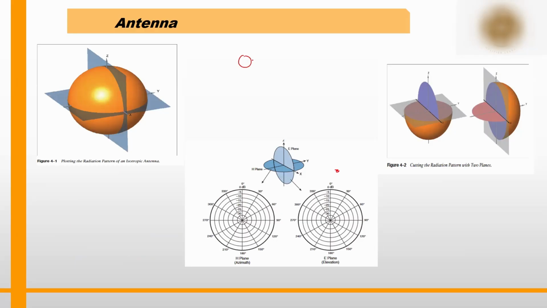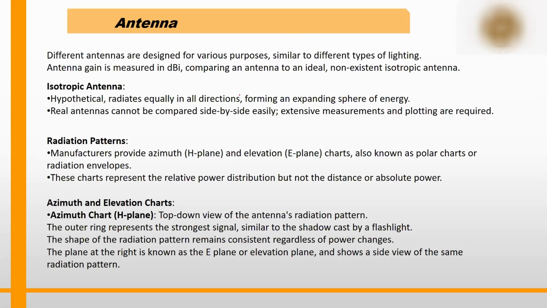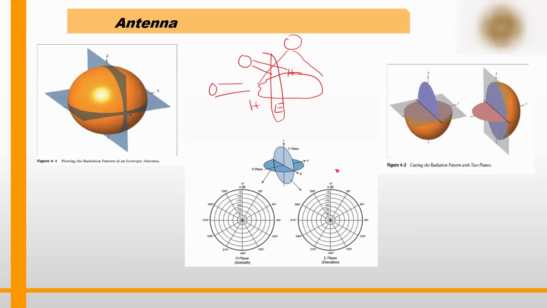Suppose you are standing here: if you are looking from above, that is the H plane. If you are looking from the side, that is the E plane. So these are the two planes that are present in the chart.